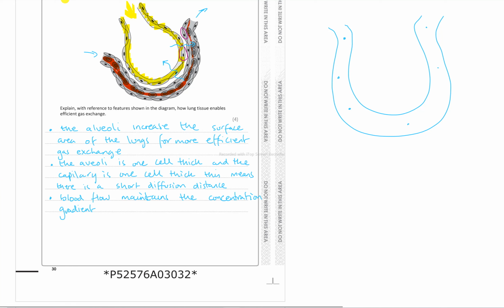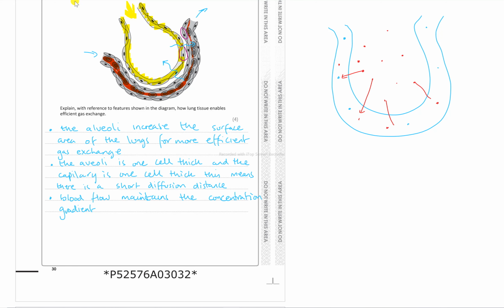Let's say if it's not flowing, you've got oxygen coming, there's loads of oxygen with the breath that you've just taken in. So what's going to happen, there's more oxygen here and less here, so the diffusion is going to take place in this direction. So let's just say that goes in, that goes in, that goes in, that goes in.